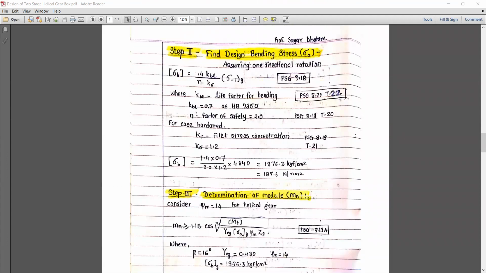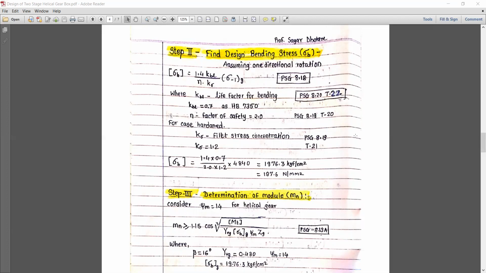Now find the bending stresses by referring to page number 8.18. We are assuming the power transmission only in a single direction. So design sigma b is equal to 1.4 KBL divided by n into K rho, multiplied by the endurance limit of the gear.